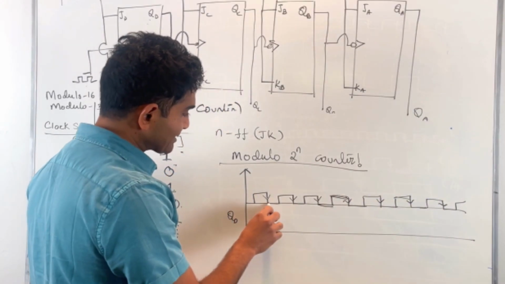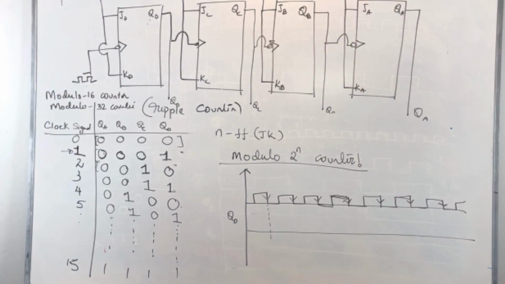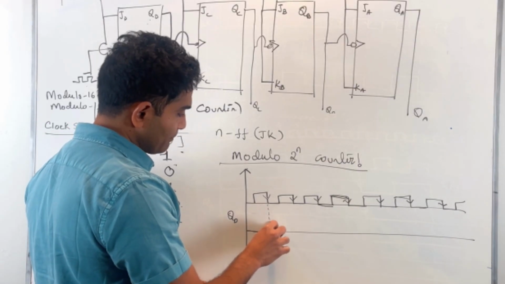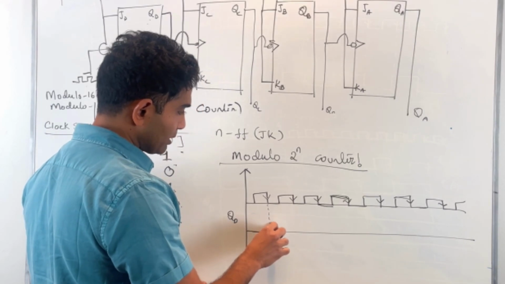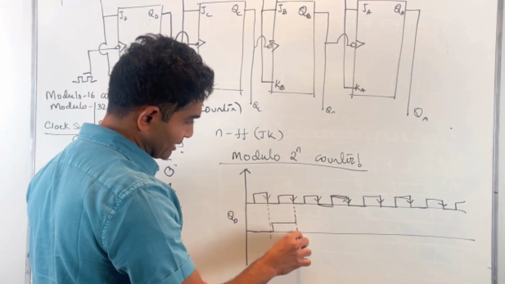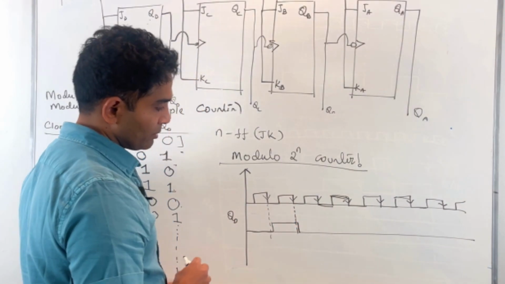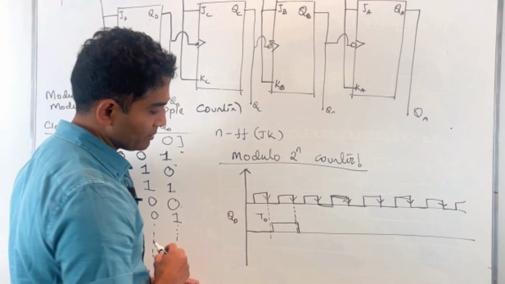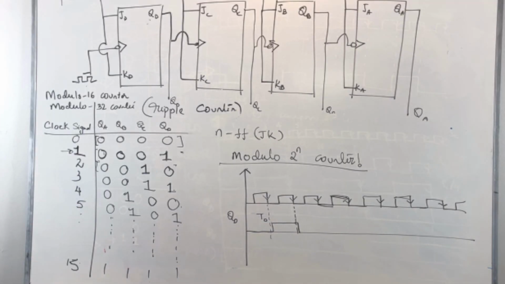Instead of switching exactly at this point, it will toggle with a timing delay, let us say the average timing delay is TD. Again, TD is nanoseconds, a very small timing delay, but it is there.